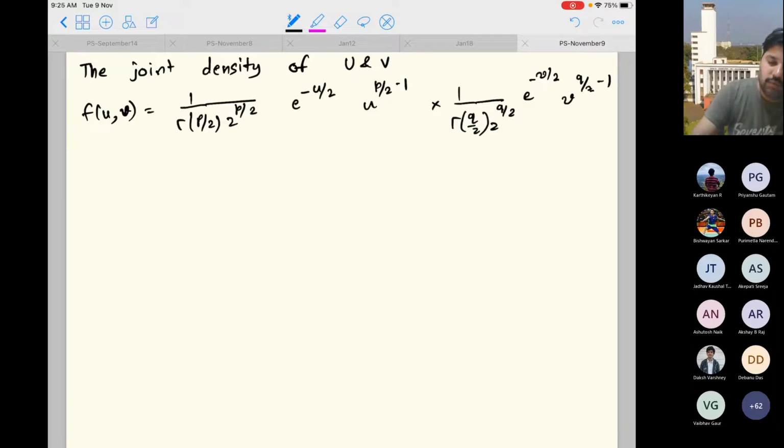What is the range of u and v? 0 < u < infinity and 0 < v < infinity. This is the range because u and v are both chi-square random variables, and they are non-negative. So this is the joint density of u and v.